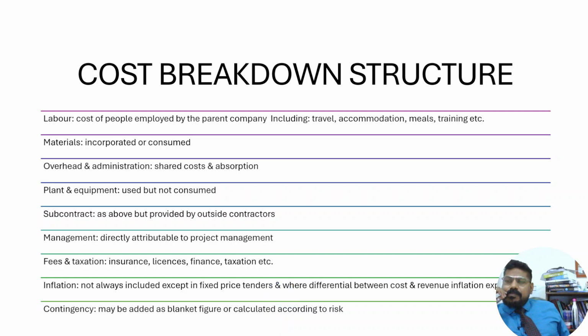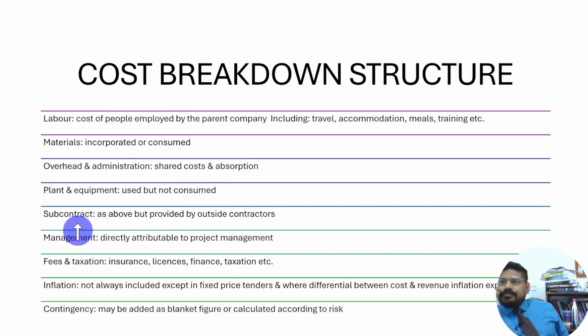If you see the cost breakdown structure: labor includes cost of people employed by the parent company, including travel, accommodation, meals, training, etc. Materials include those incorporated or consumed. Overhead and administration costs include share cost and absorption. Plant and equipment includes items used but not consumed.